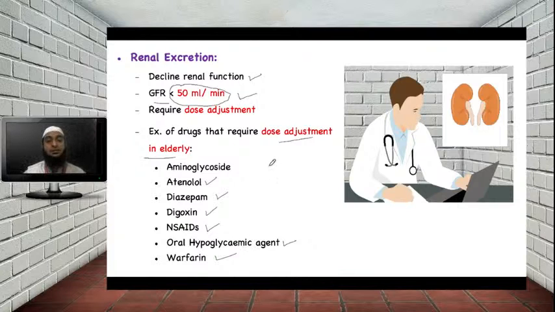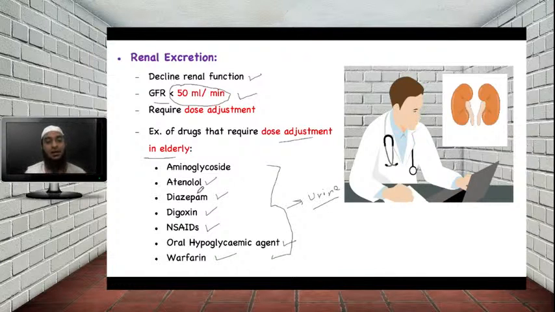All these drugs need dose adjustment because they are excreted in the urine, and since the GFR is reduced, their excretion is also reduced, and it may produce toxic effects.